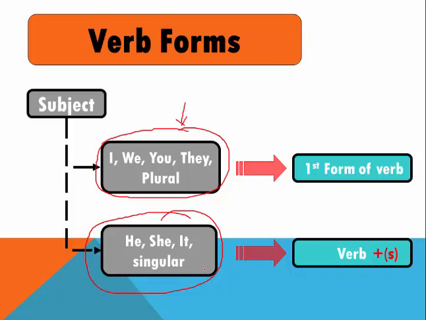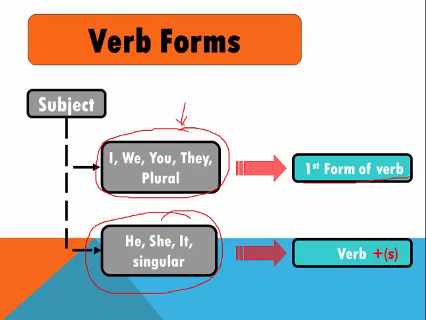Singular may be the name of a girl, like Sita, or a boy, let's say Pawan, or even a single thing. So these are the second group. This you have to remember. This is one group of verb and this is another group of verb. I'm going to tell about it on the next slide. So with this group, we will use the first form of the verb.